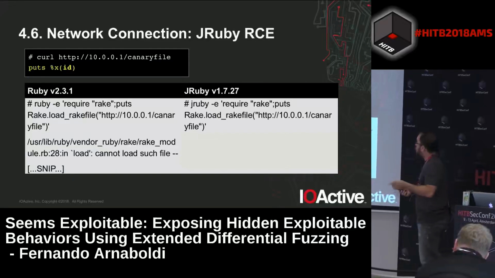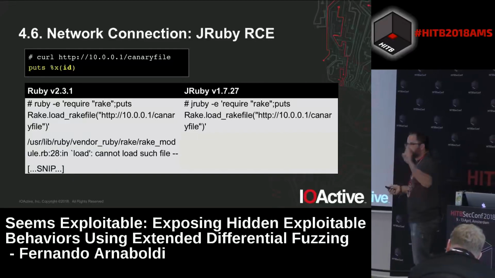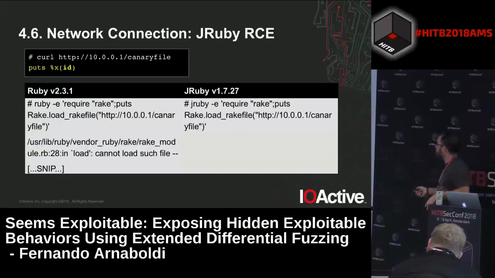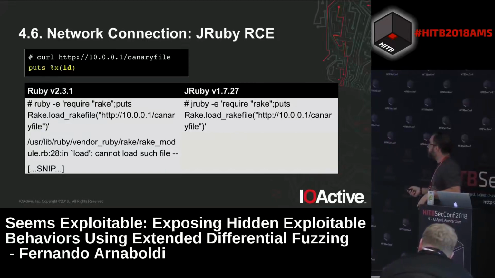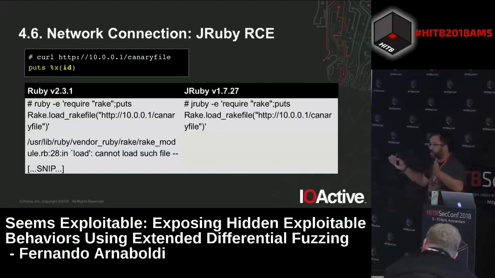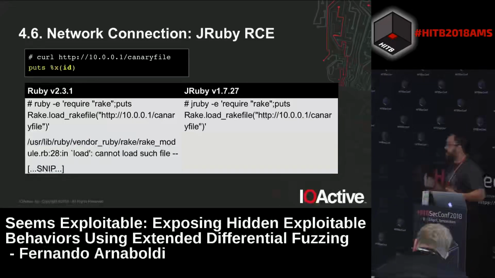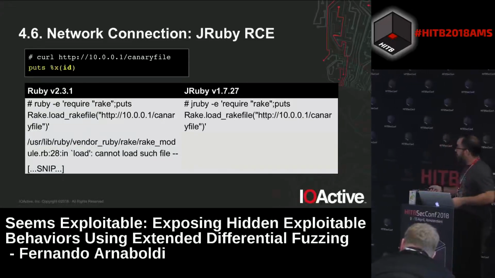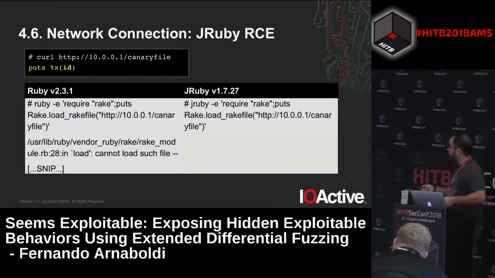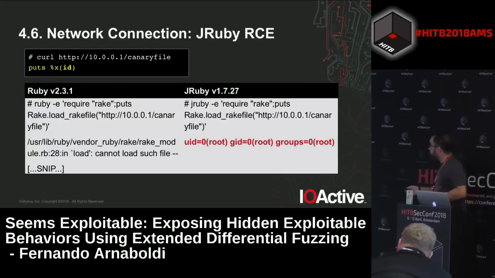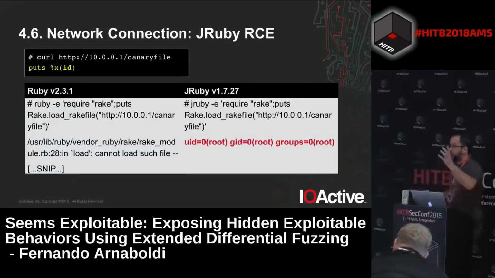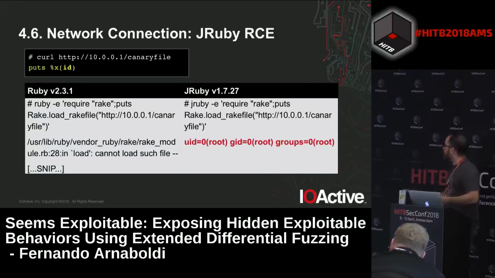This isn't Ruby. In JRuby, there are two versions of JRuby. One is 1.7, which tries to support all the Ruby versions, and one is called 9-point-something, which only has the latest version. In the 1.7 version, which is the latest version of this branch, you can execute things remotely, even though the documentation says it should be a local file.